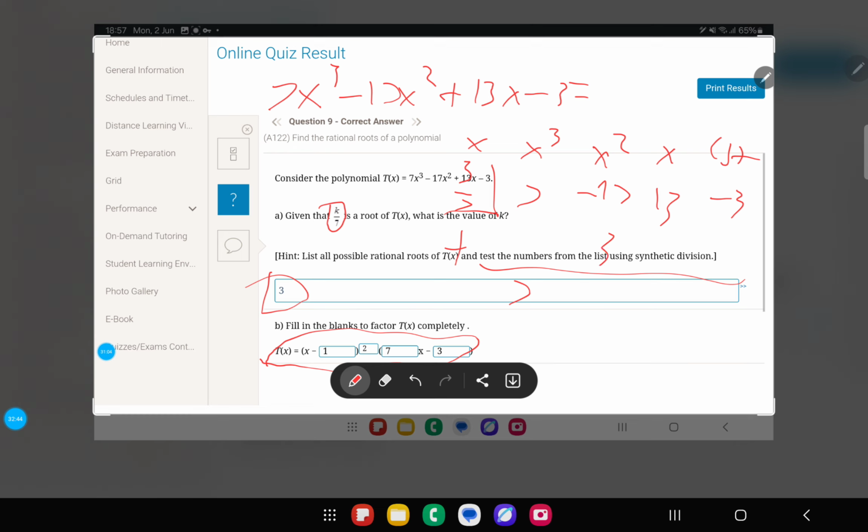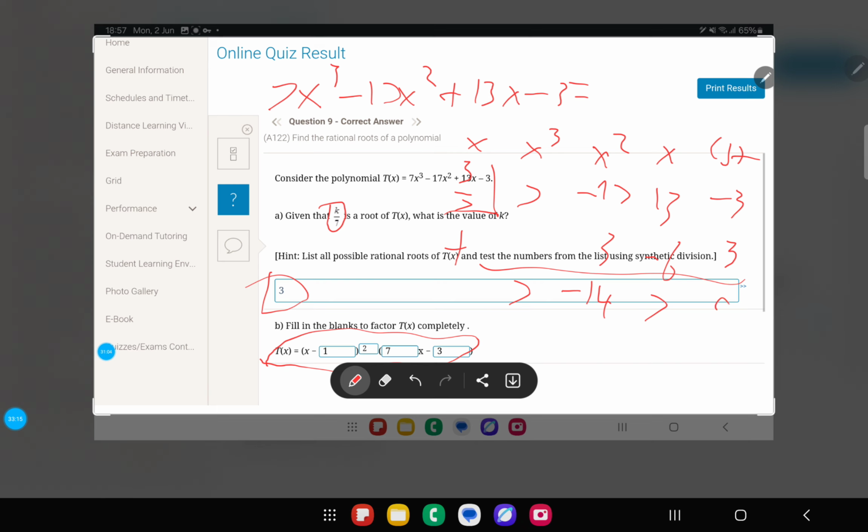So negative 17 plus 3 is going to be negative 14. Okay? Now, negative 14 times 3 over 7 is going to be negative 6. 13 minus 6 is going to be 7. Then 7 times 3 over 7 is going to be again 3.